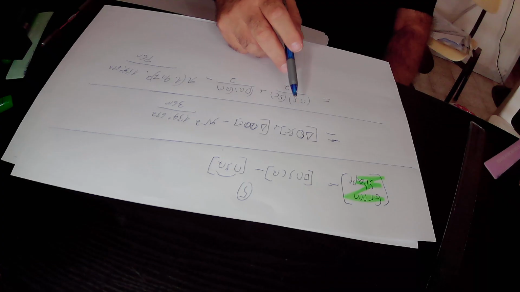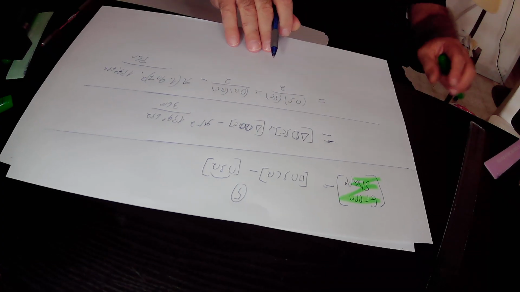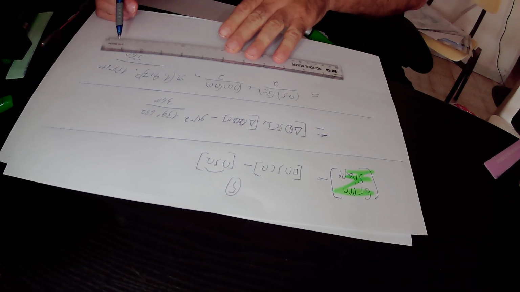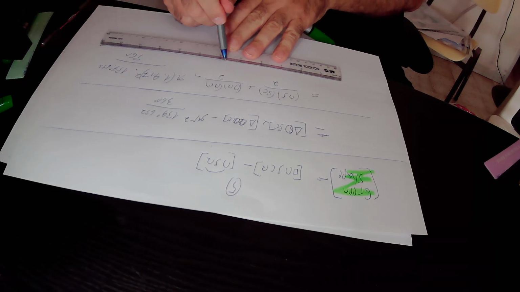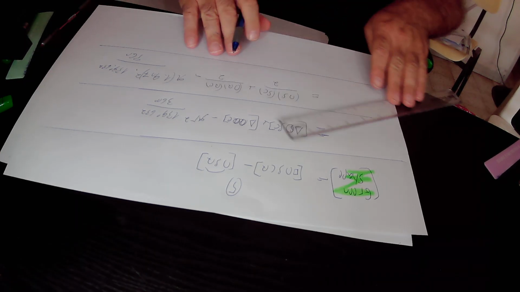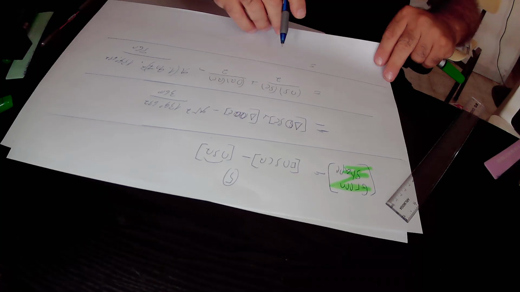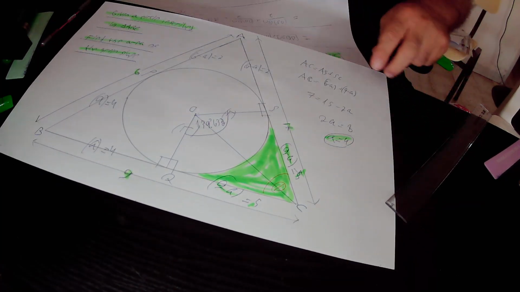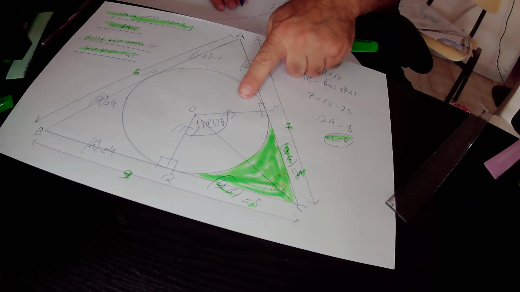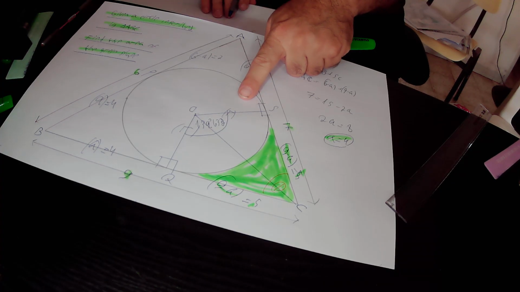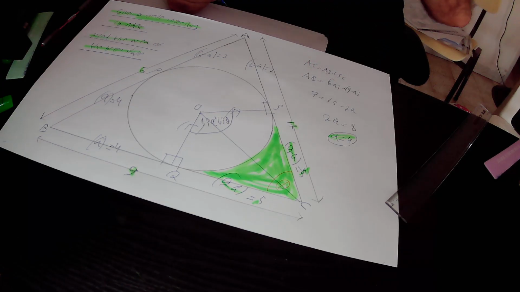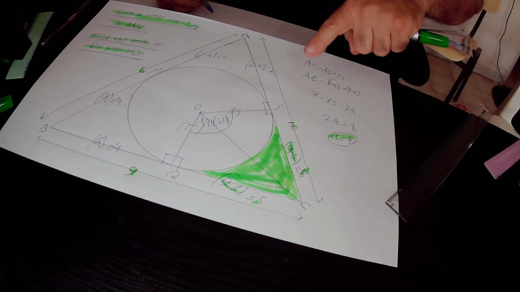The area of triangle OSC equals OS, which is the radius of the circle, that is R, times SC.